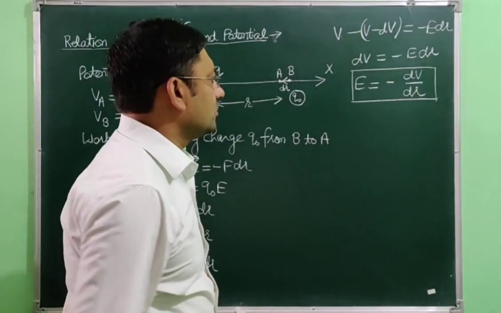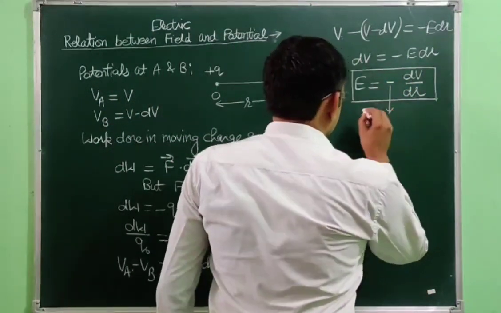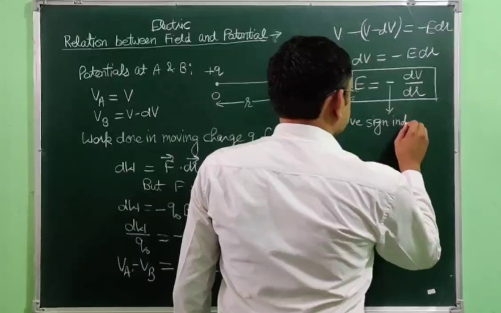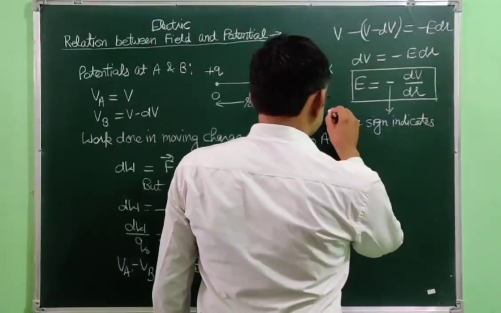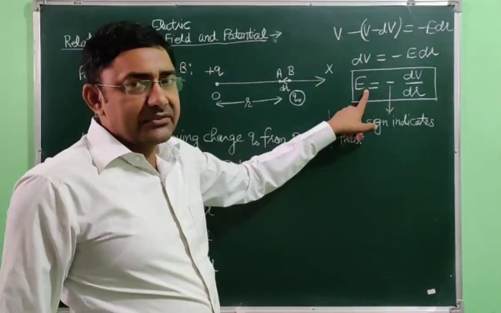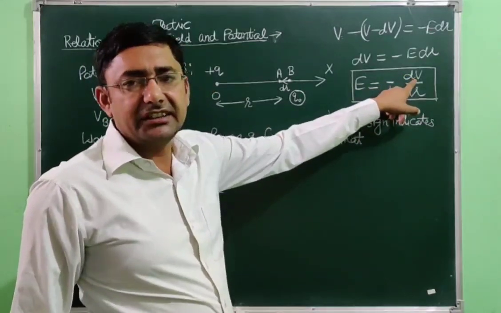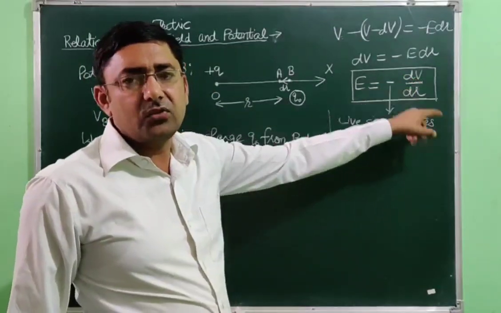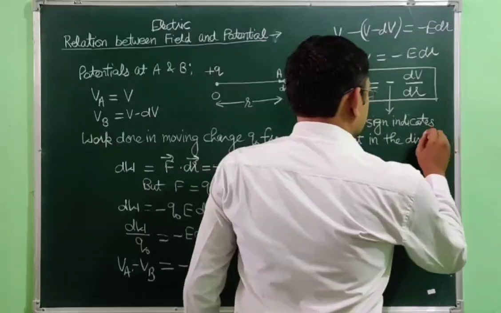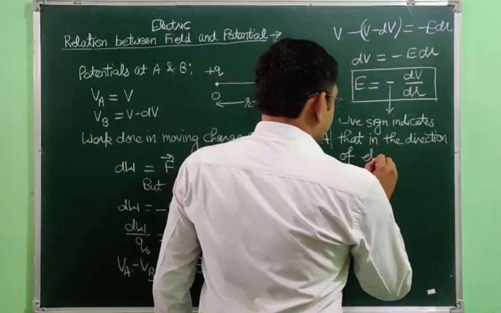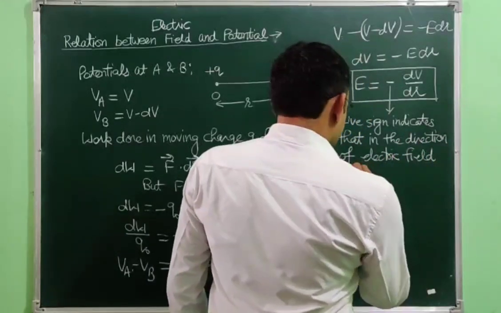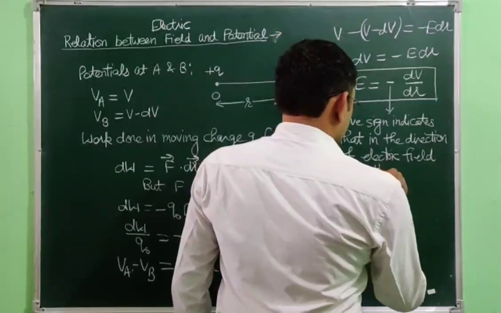So this negative sign indicates that in the direction of electric field, potential decreases.